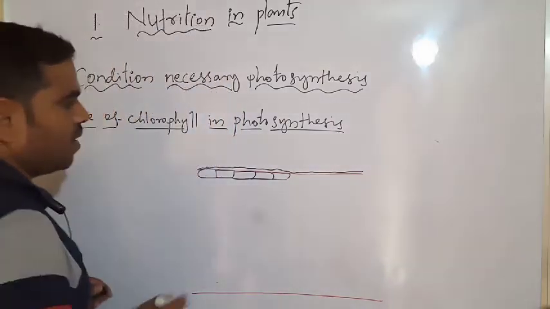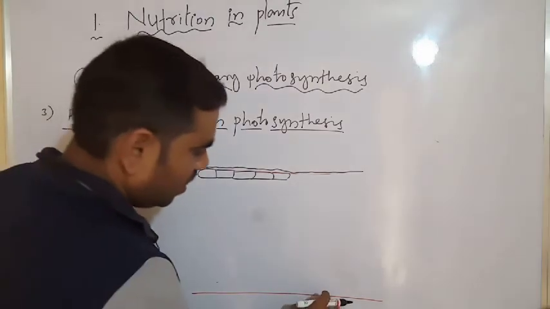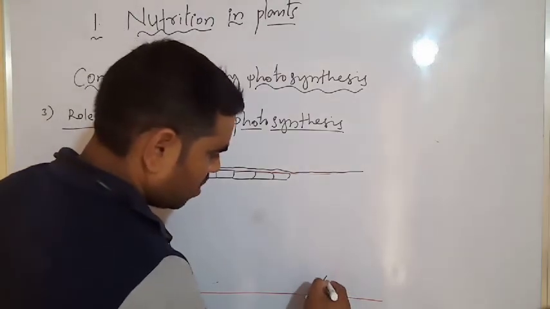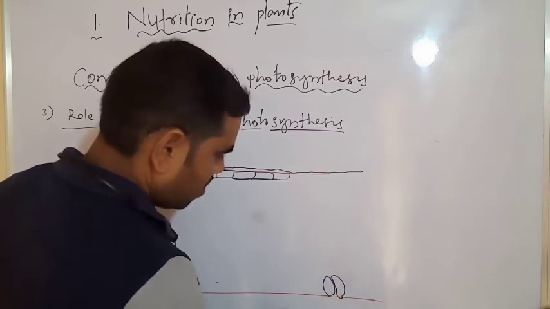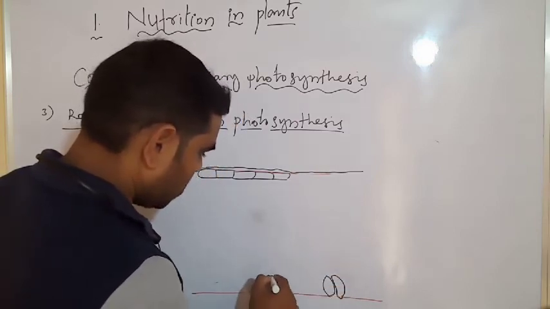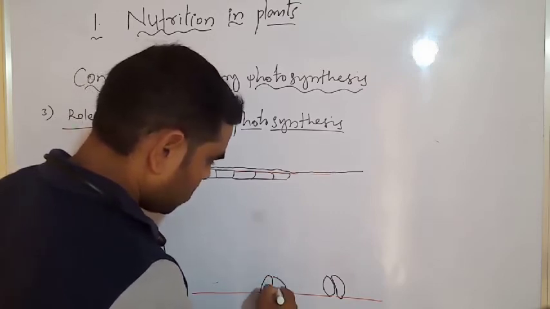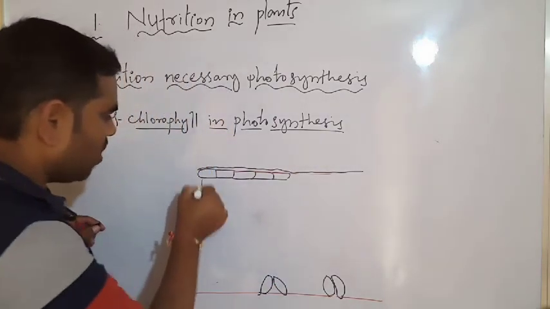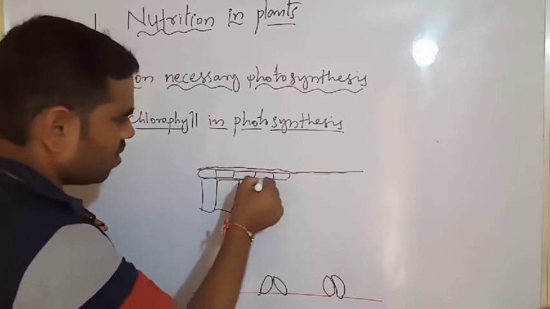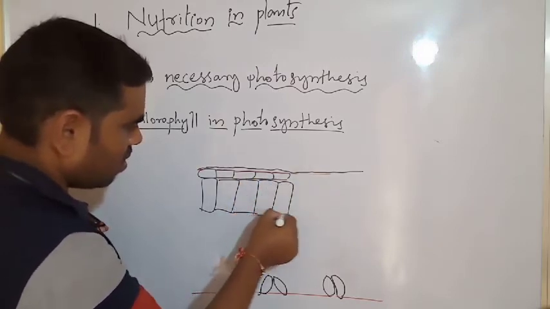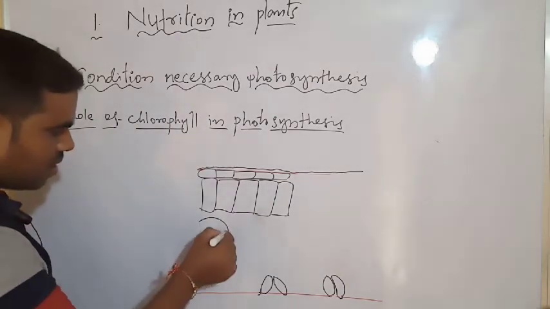Okay, double layer cells. Here is a stomata. See, like this, a stomata is there. See, a number of cells are present here. Some cells like this are big cells.